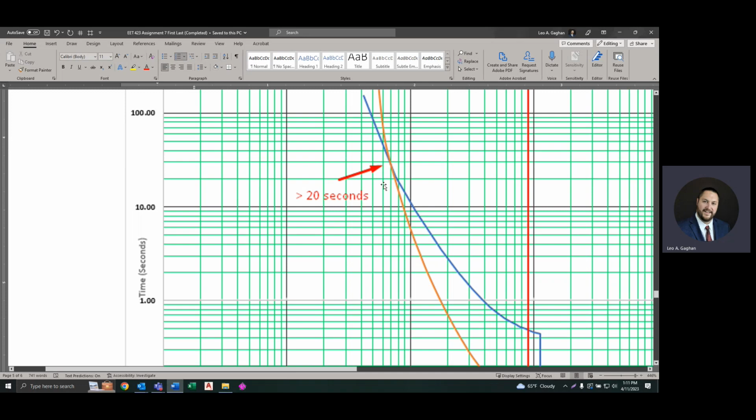Aspen, you could put a time difference slider on there. But we can see here this intersection happens at about, if that's 10 seconds, this is 20 seconds. I'd call that maybe 28 seconds, somewhere in there.